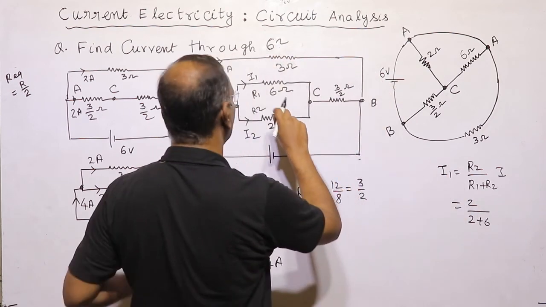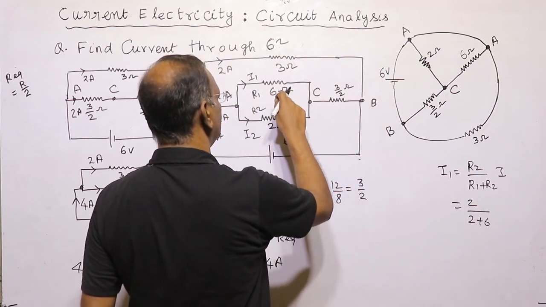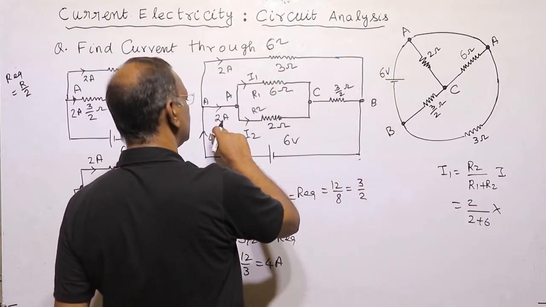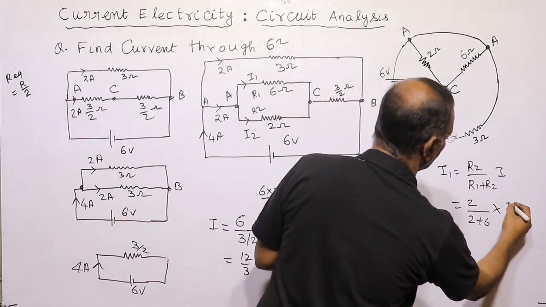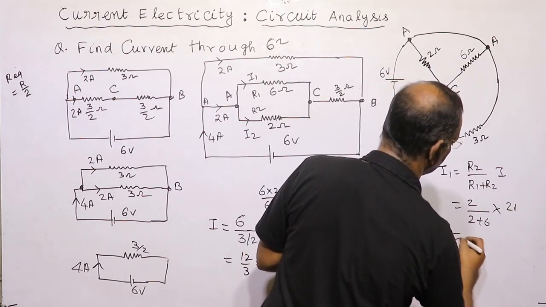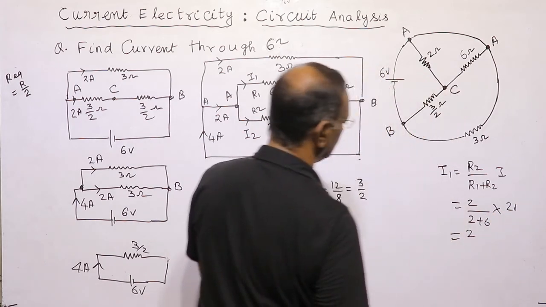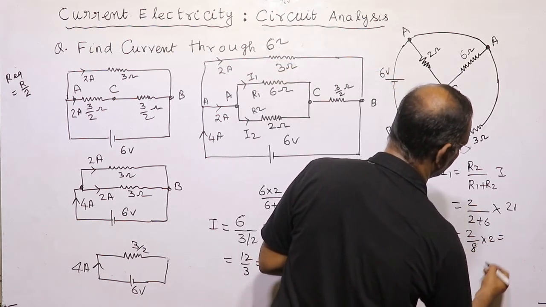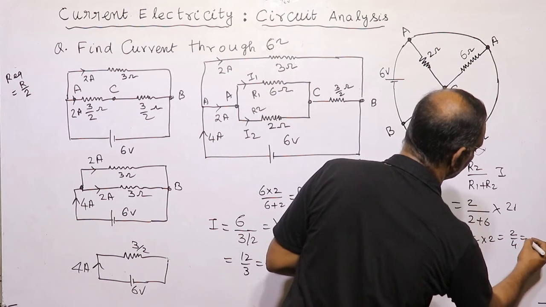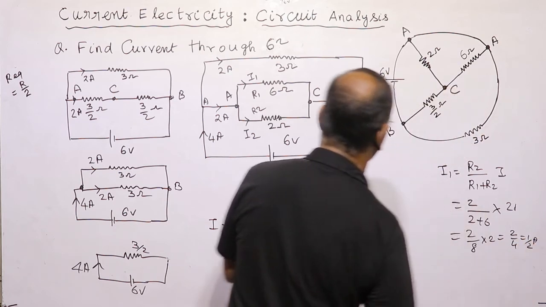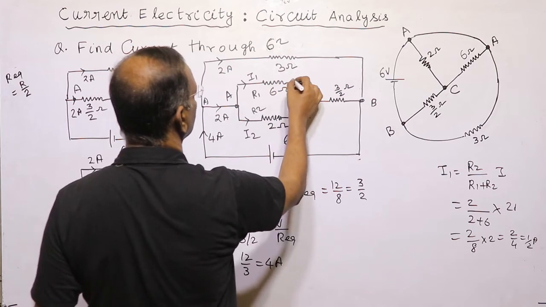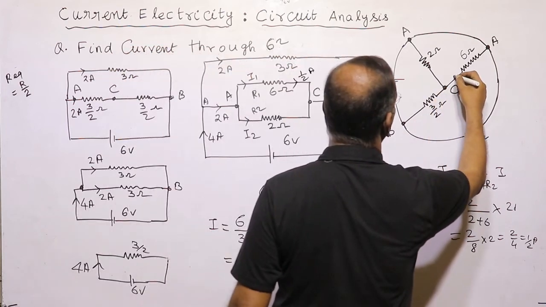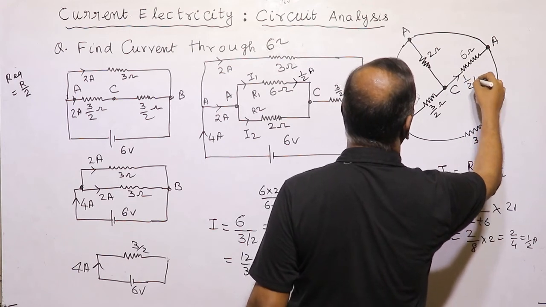R1 plus R2 is 6 plus 2, and the net current is 2 ampere. So this is equal to 2 divided by 8 into 2, which is 2 divided by 4, equal to half ampere. So the current flowing through the 6 ohm resistance is half ampere.